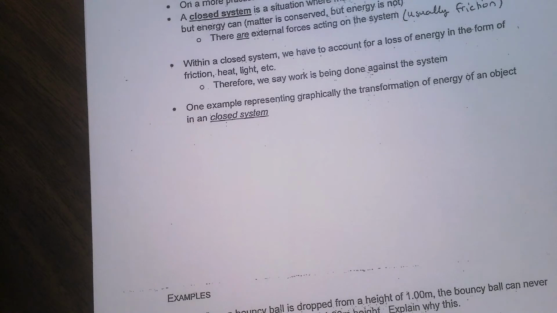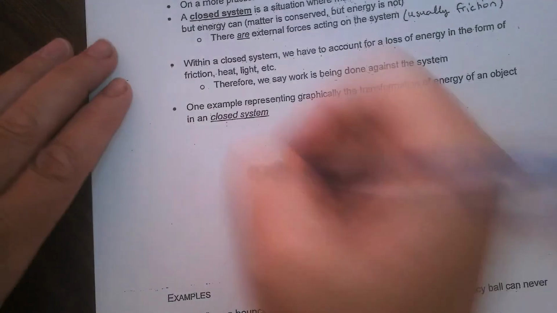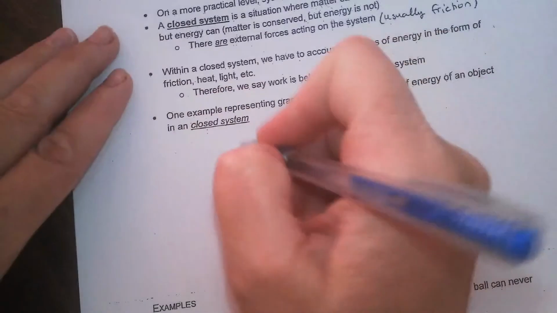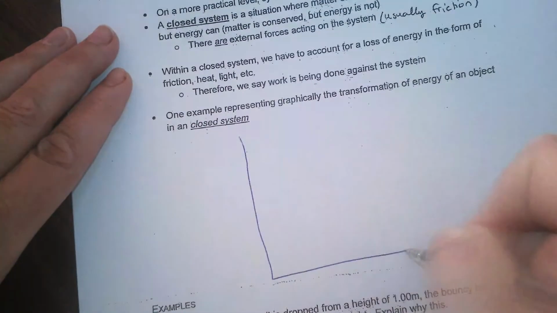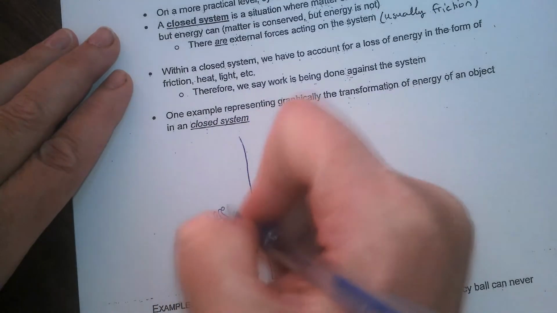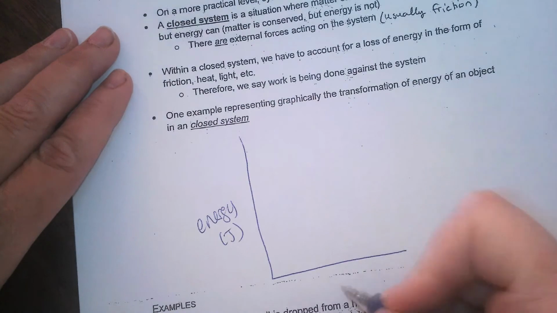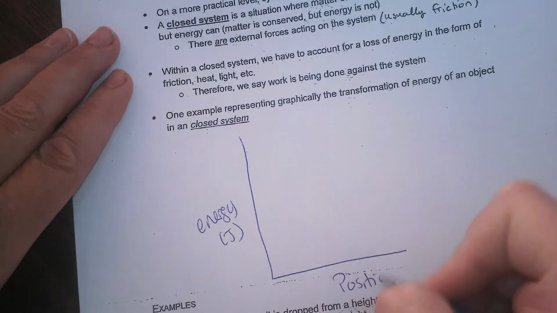And one example of being able to represent it graphically is to do a closed system graph where we look at energy, which is measured in joules, versus two different positions.